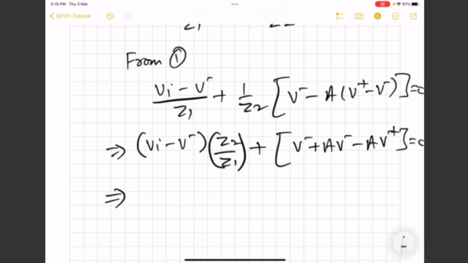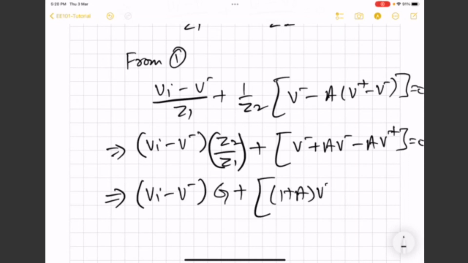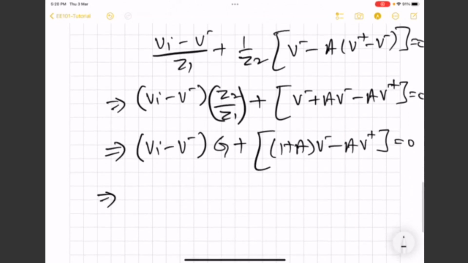So we have this ratio Z2 by Z1 appearing here, and we can call this ratio G. So we can separate out the V minus term on one side.